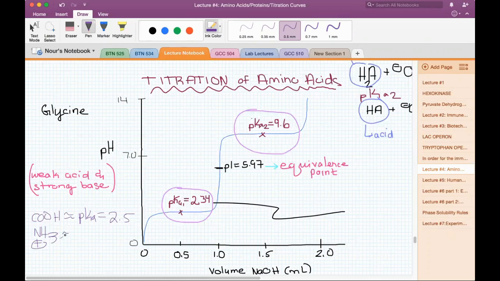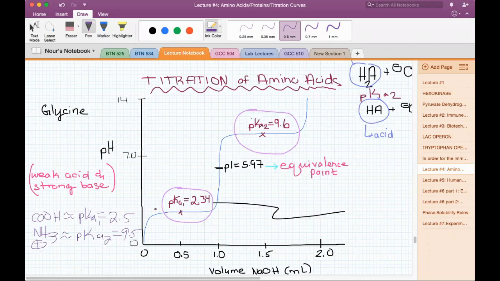Most of the time, the pKa of the amino group is around 9.5. Here it's 9.6. Like I said, it's different in every case, but it generally follows that. So just memorize those two groups of the main amino acid. The side chain is another story, but in this case the amino group is around 9.5, and the carboxyl group is 2.5.